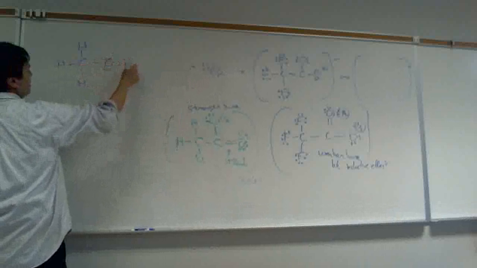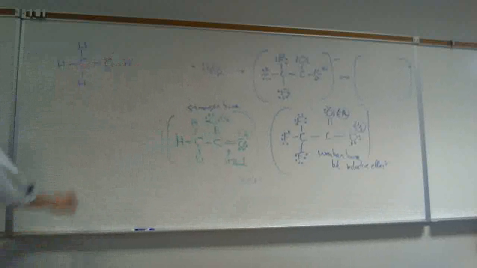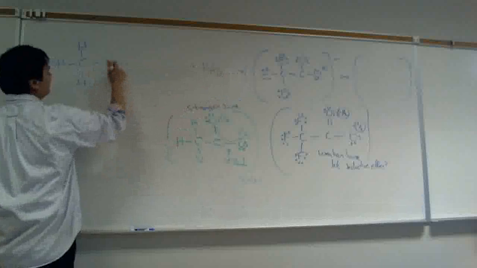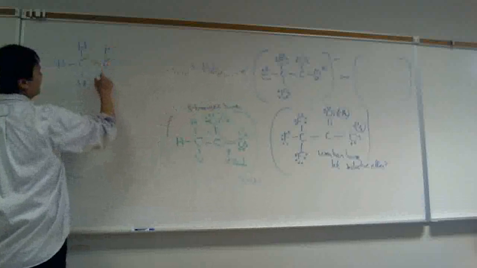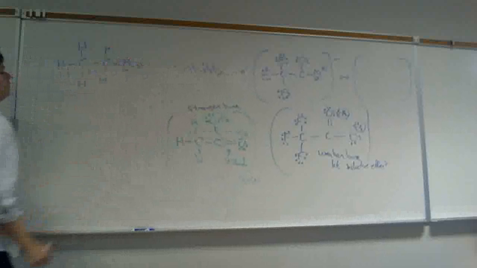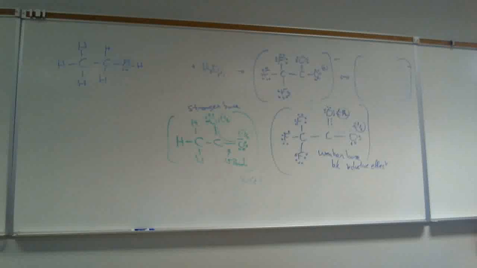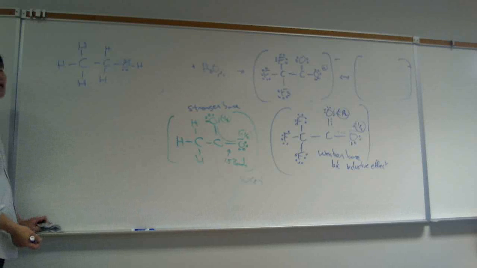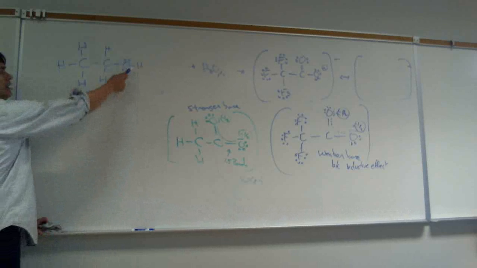And so let's imagine ethanol. Oh, this is methanol. Ethanol should have more carbon, like this. So if we look at ethanol, a powerful base comes along. Which proton will it be attracted to? The hydrogen next to the oxygen, over here.